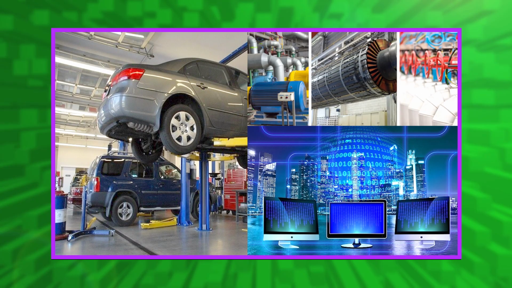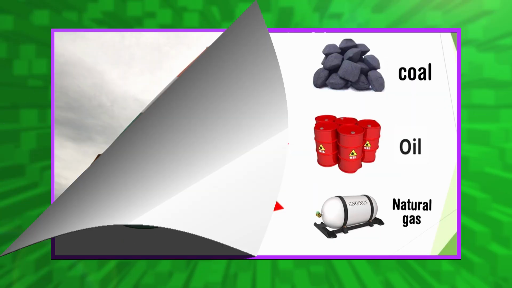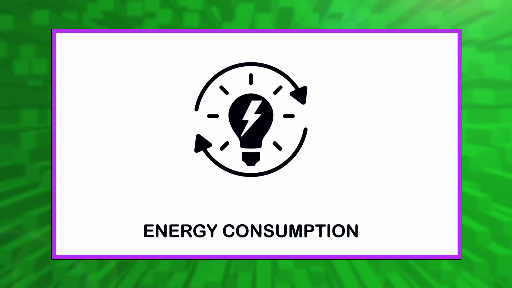Inventions throughout history aimed at improving quality of life have led to reliance on energy-consuming machines like electricity, automobiles, and computers. Presently, our survival hinges on three main fossil fuels: coal, oil, and natural gas, with India's per capita energy consumption being low compared to the global average.